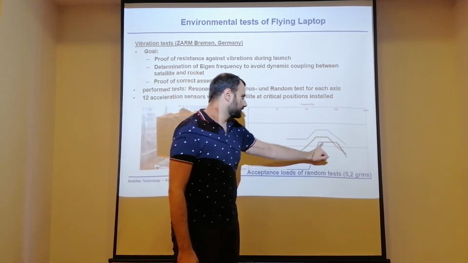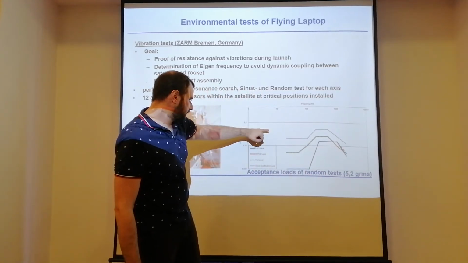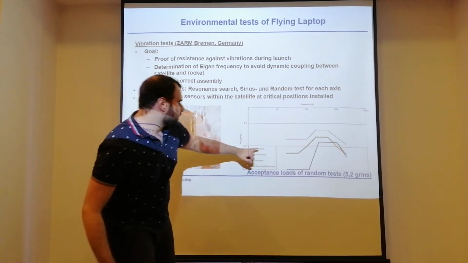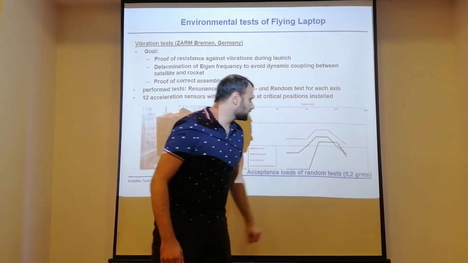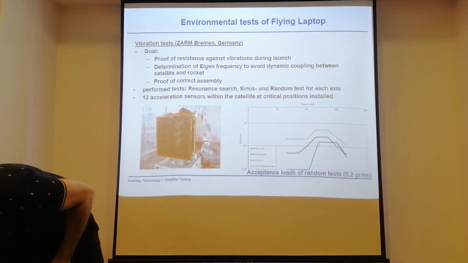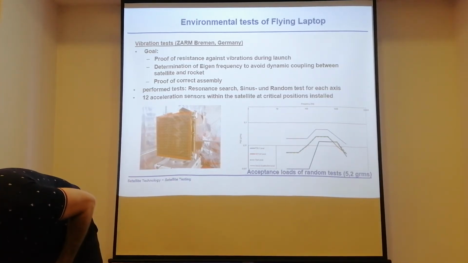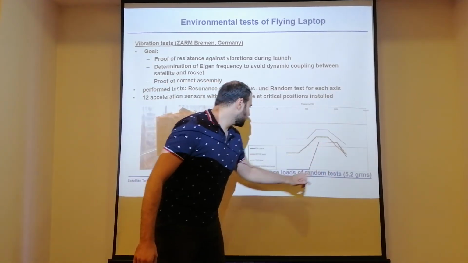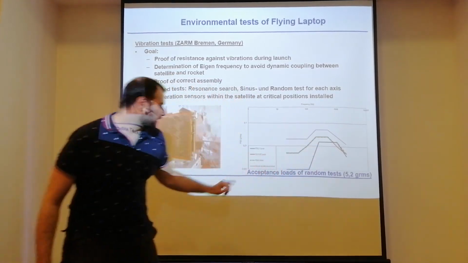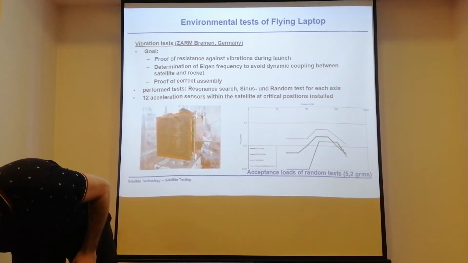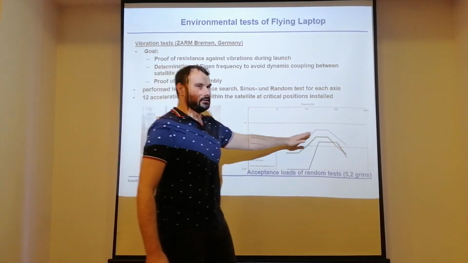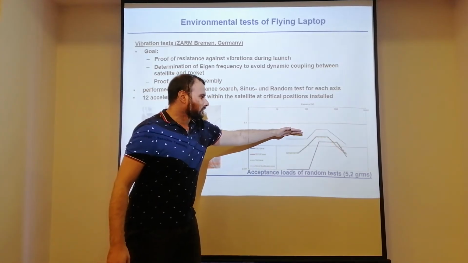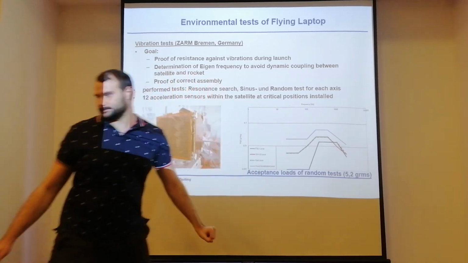This is for the PSLV, and the red one is for Soyuz. So this was tested with the Soyuz. Sorry, this is PSLV, this is Soyuz, and the other one is the Soyuz qualification level. So they have a difference for the qualification. This is the qualification you need to show, but these are the actual ones there.